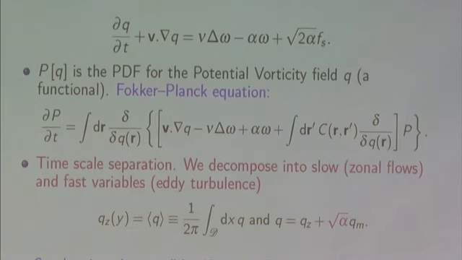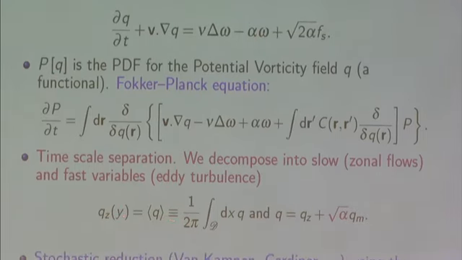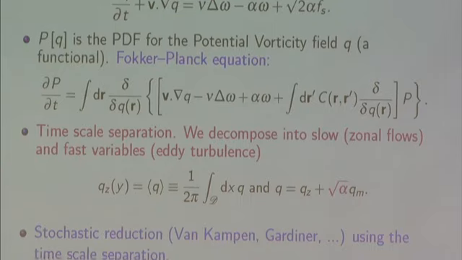The point is that we want to decompose the field into the slow flow, which is the zonal flow, and the fast variables, which correspond to the eddy turbulence. We make this decomposition just by averaging over the x variable. We take the integral over x of the field Q, and so we obtain a field that depends only on y, which we call the zonal part of the flow.